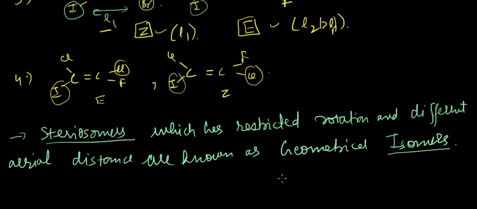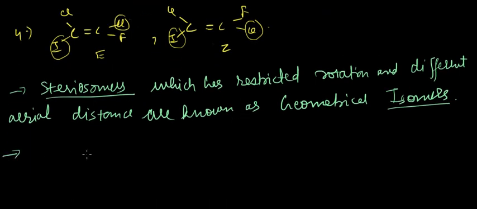Geometrical isomers have different physical and chemical properties.